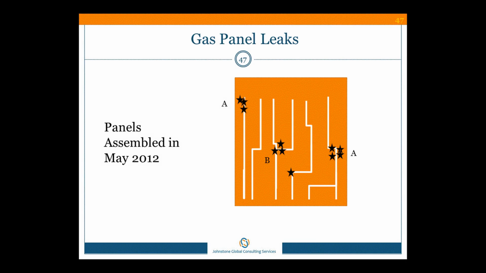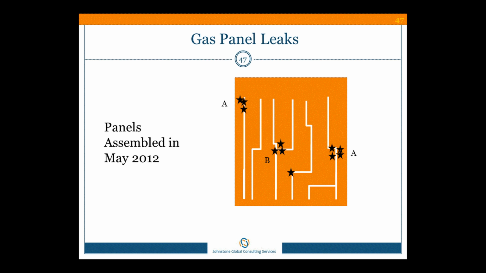This manufacturer was trying to reduce the number of gas panels that had to be reworked due to leaks. The engineer asked the operators to record where on the panel the leaks occurred. He then asked the operators what was unique about the locations with the highest concentrations of leaks.